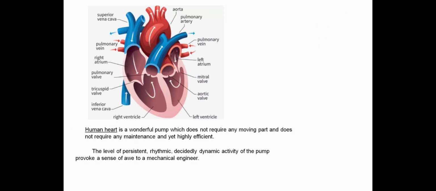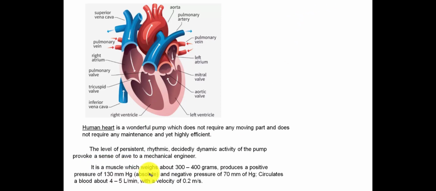Now, the level of persistent, rhythmic, dynamic activity of the pump provokes a sense of wonder in a mechanical engineer. The muscle, which weighs around 300 to 400 grams, produces a positive pressure of 130 mm of Hg, and a negative pressure of 70 mm of Hg.